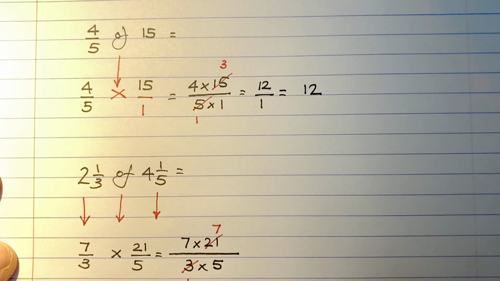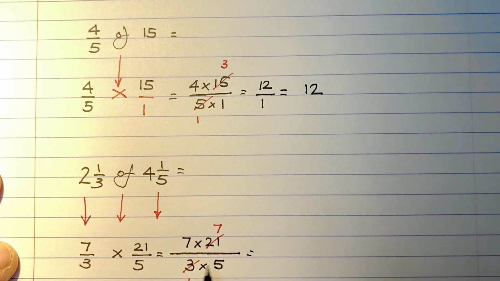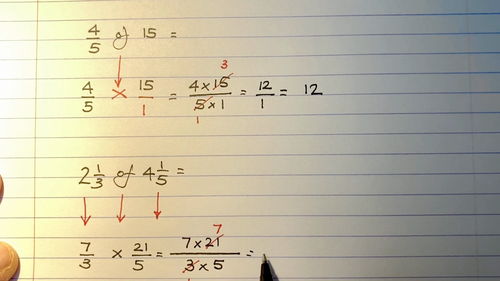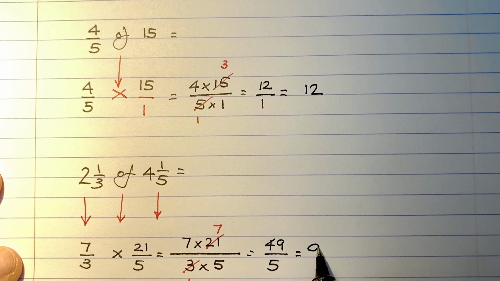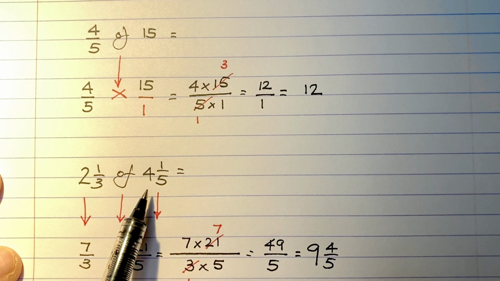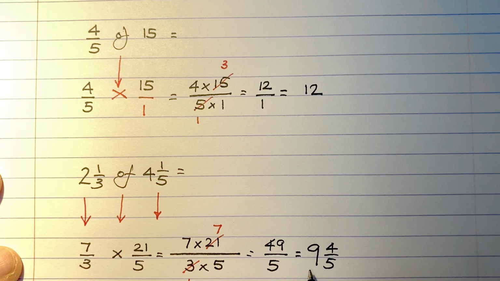Nothing else cancels from top and bottom. 7 times 7, 49. 1 times 5, 5. This is top heavy. 5 goes into 49 9 times, because 9 times 5 is 45, and 4 left. So 2 1/3 of 4 1/5 is 9 and 4/5.